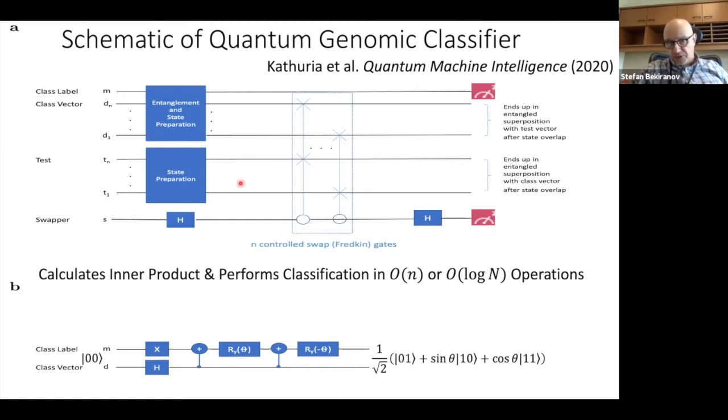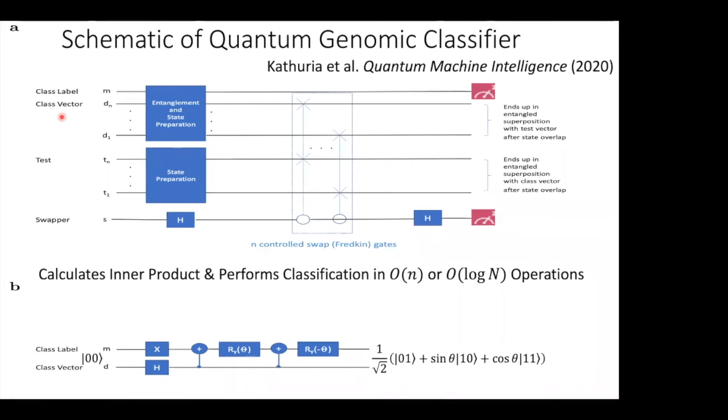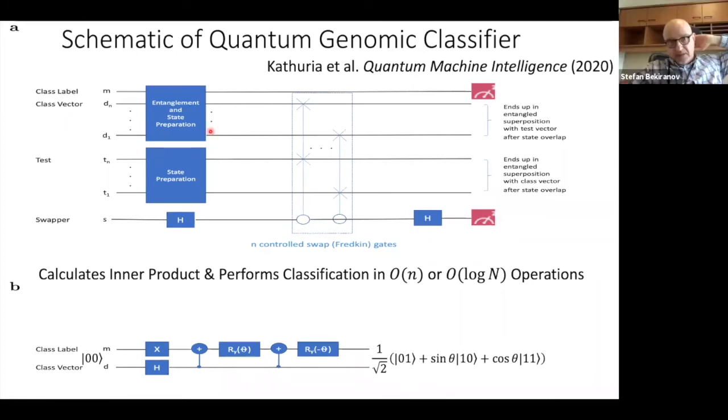We would pre-sum all the class vectors first, even if it's thousands of samples, and then execute the classifier on those pre-summed class vectors. The reason is you'd have to come up with an algorithm, and I'm sure someone's done it. If you Google anything with quantum, you find some algorithm.